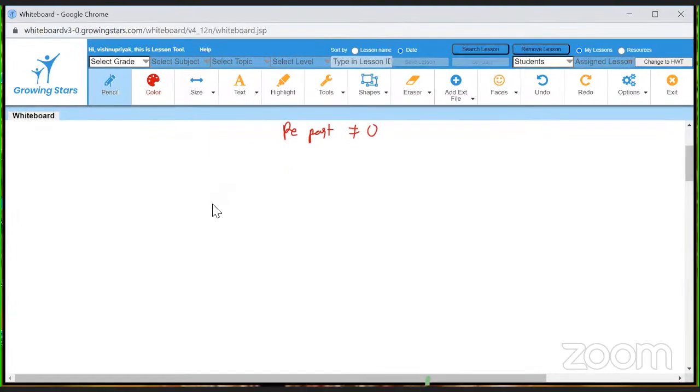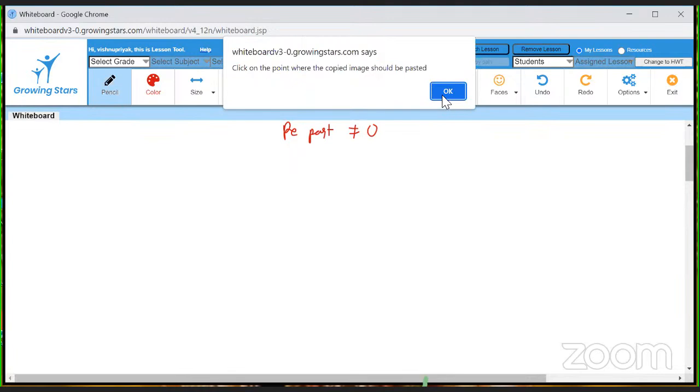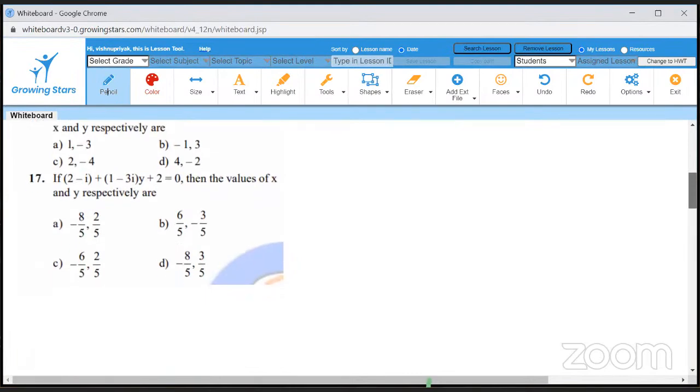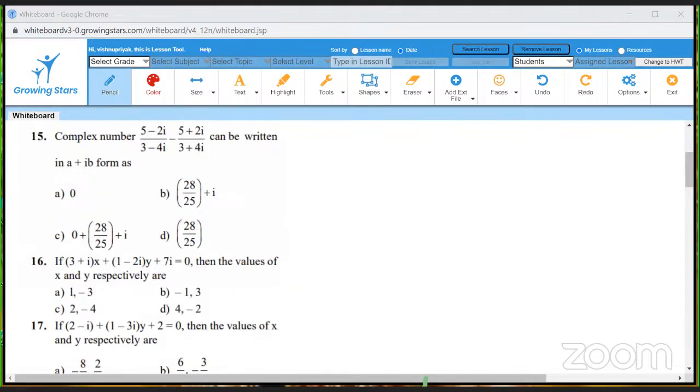Now I will put some questions on the board. Actually, these are homework questions. You can do them now also. As far as possible, we have only 2 minutes time. I'm putting the questions on the board. Whatever you can do now, you do it. Otherwise, take it as homework. 15, 16, 17, try these. Meanwhile, I'll put the remaining.